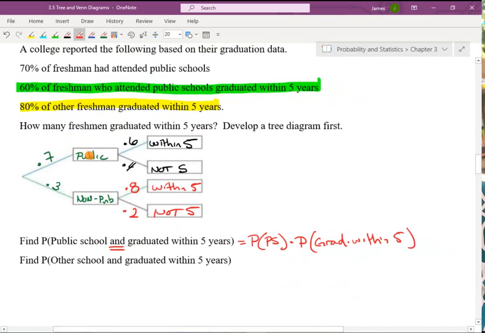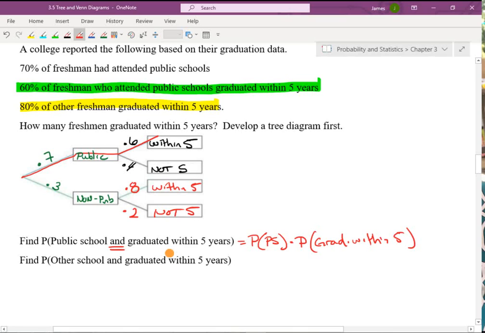Graduation is dependent; these probabilities were dependent on whether they went public or not. So 0.7 times 0.6 gives me 0.42, and that's what we're looking for: public school and graduated within 5 years.